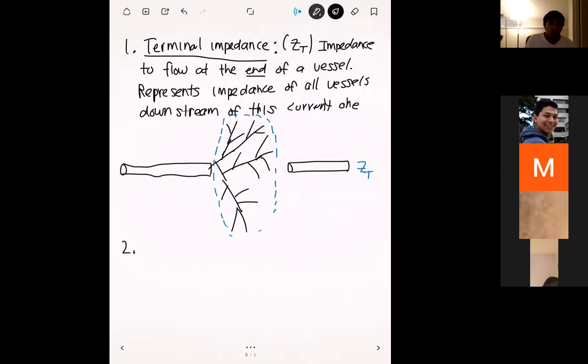All right. Next we have the characteristic impedance. This was Z naught. This is the impedance to flow that comes from a single vessel.